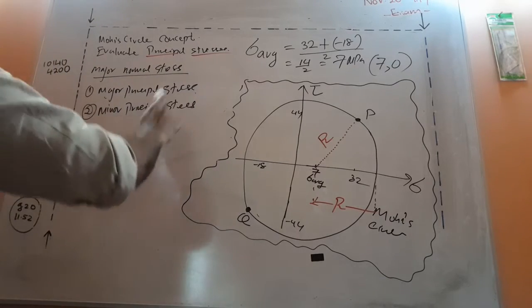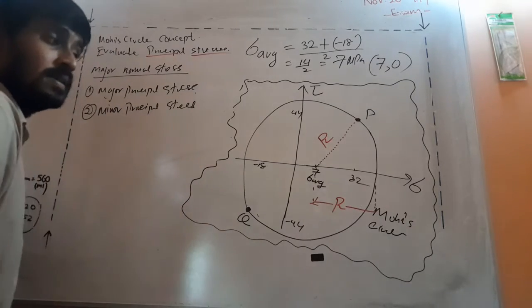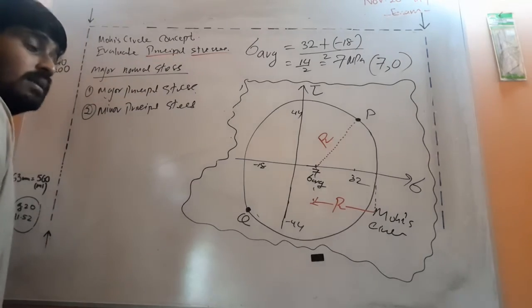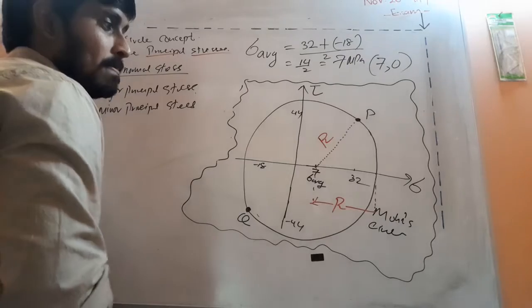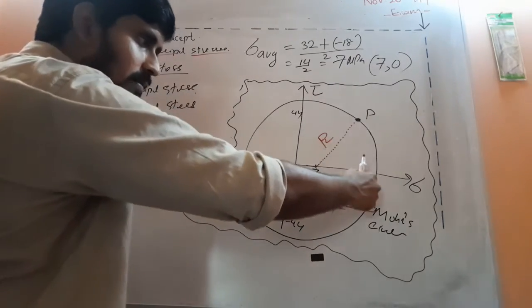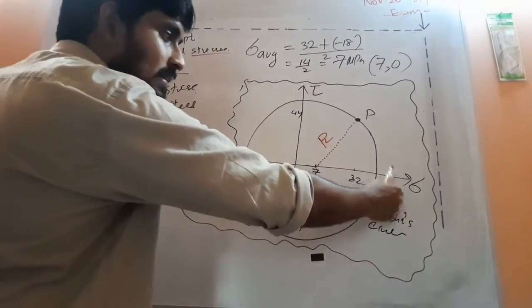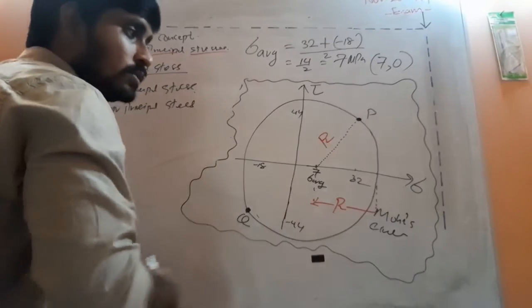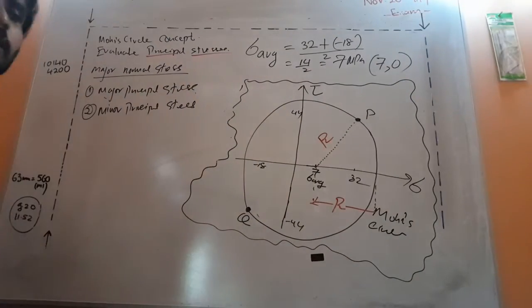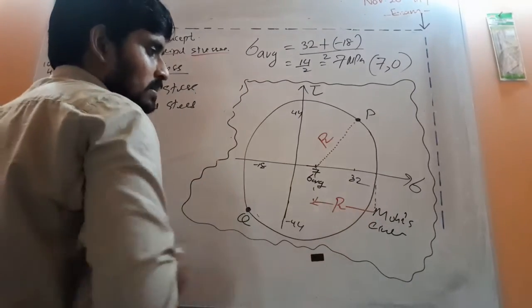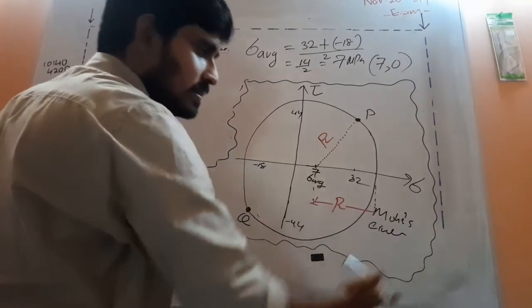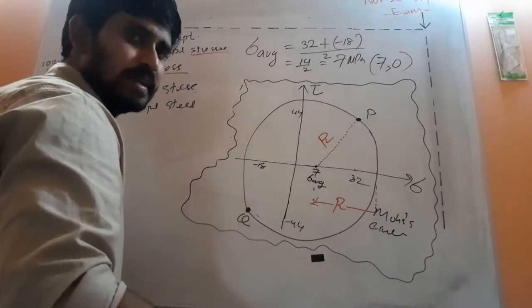Major principal stress is the normal stress that we obtain when this circle intersects the x-axis on the right hand side. Because now if you are going to consider this problem, the right hand side is the positive infinity direction, right?